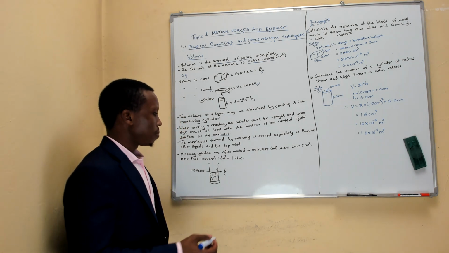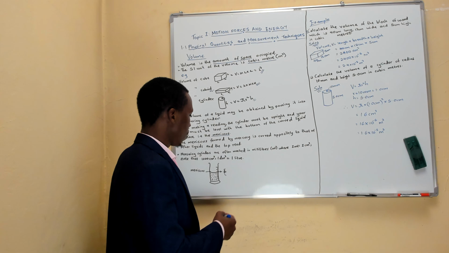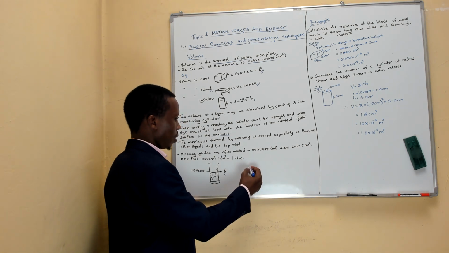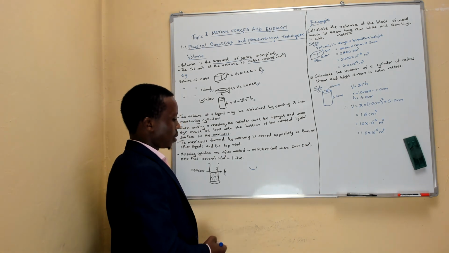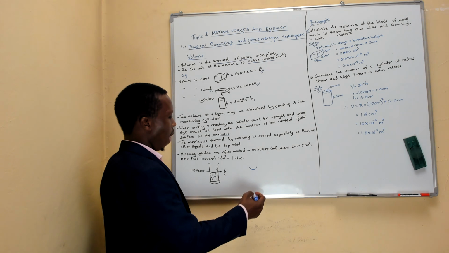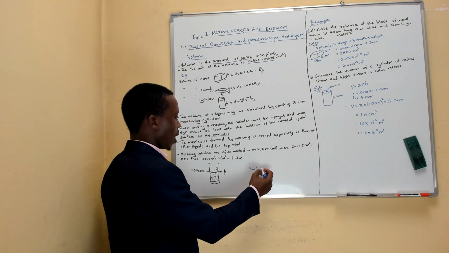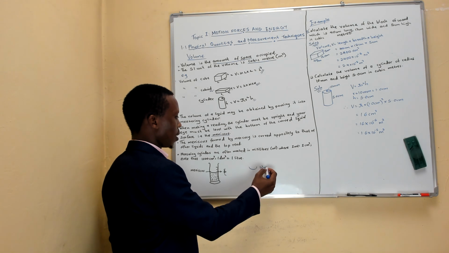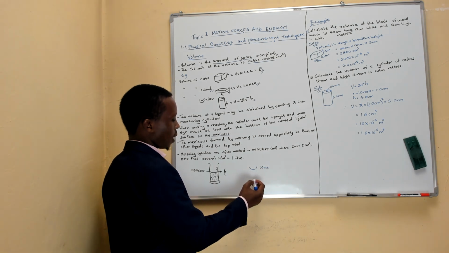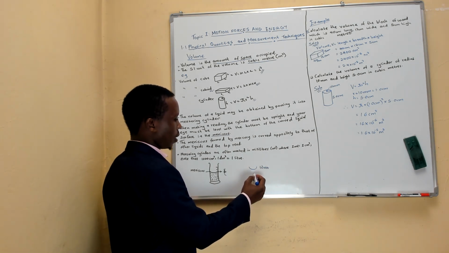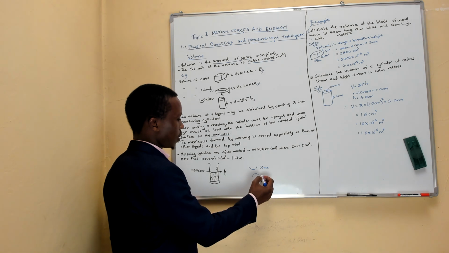It will depend, because the meniscus for water is like that, so this is for water, and the meniscus for mercury is like that, so this is mercury.